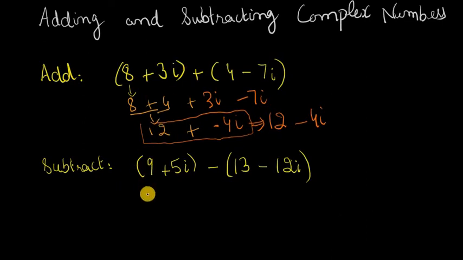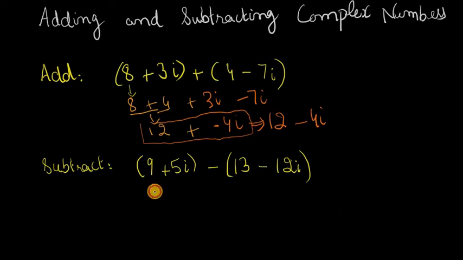And in the second case, we're asked to subtract the complex numbers 9 plus 5i minus 13 minus 12i. And what I want to do first is remove these parentheses, so I just have a bunch of real parts and imaginary parts, so I can just add them together.